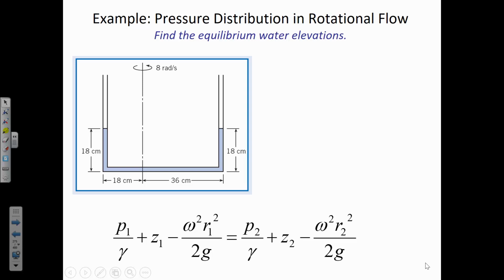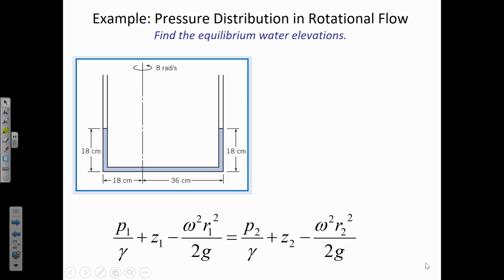So if 8 goes to 14, then that would increase your Z2 even more, such that when you put it into Z1 plus Z2 is equal to 0.36, what did you get for Z1? Some negative number, right? Well, that's not possible.